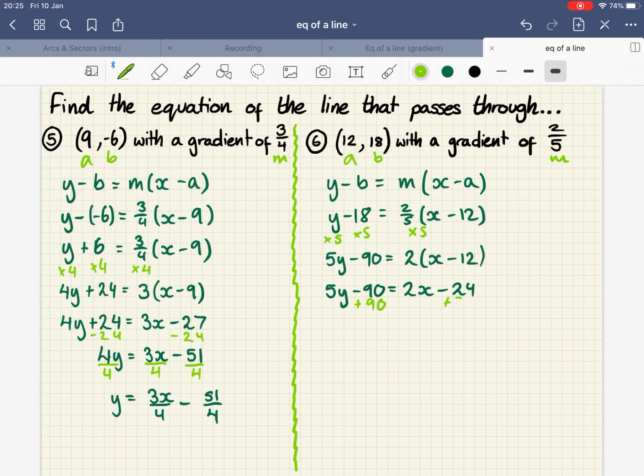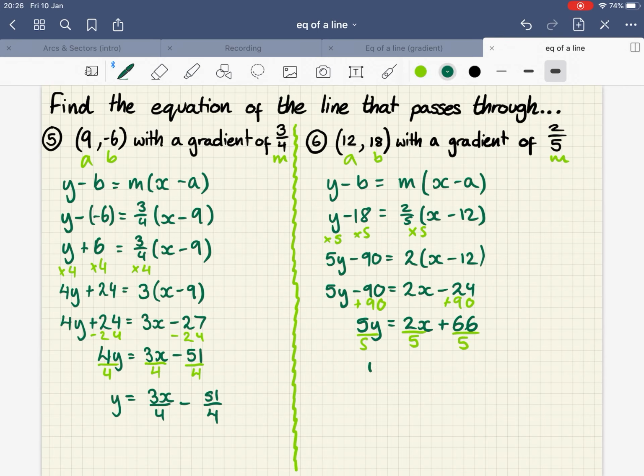Add 90 to both sides. We now have 5y equals 2x plus, and that will be 66. And then divide each part by 5.